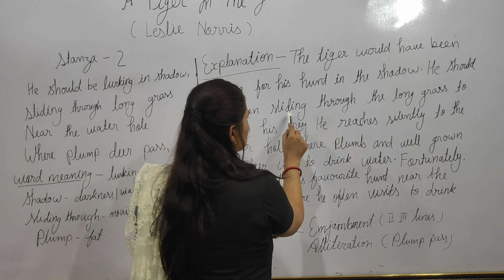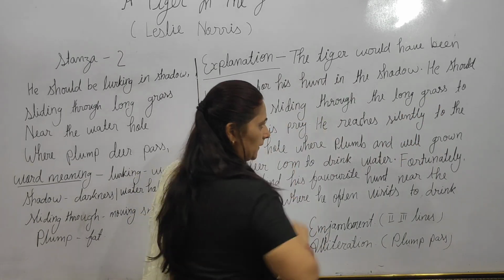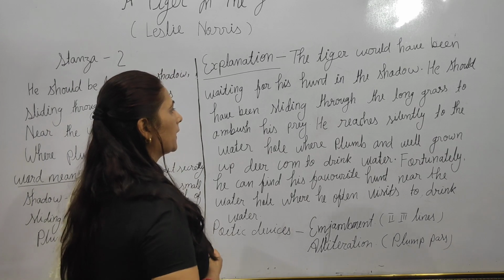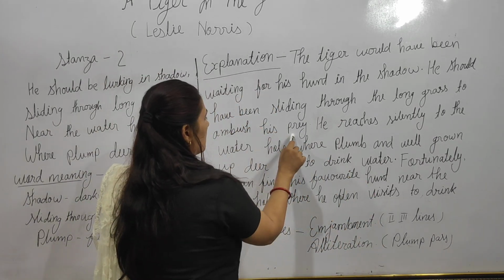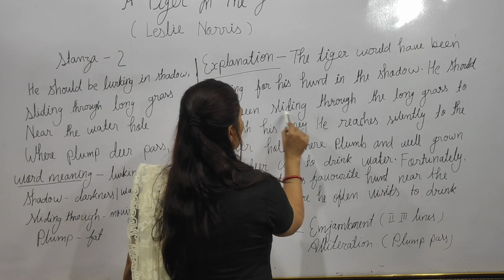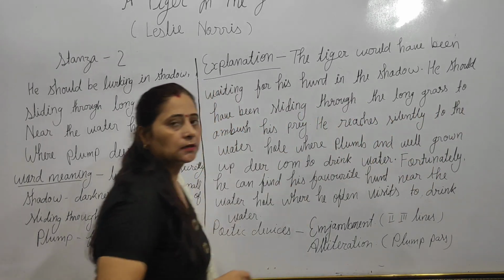He should have been sliding through the long grass to ambush his prey. Prey means the animal to be hunted, to eat.